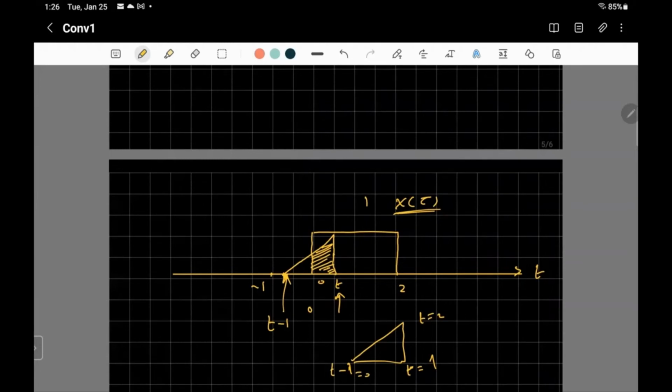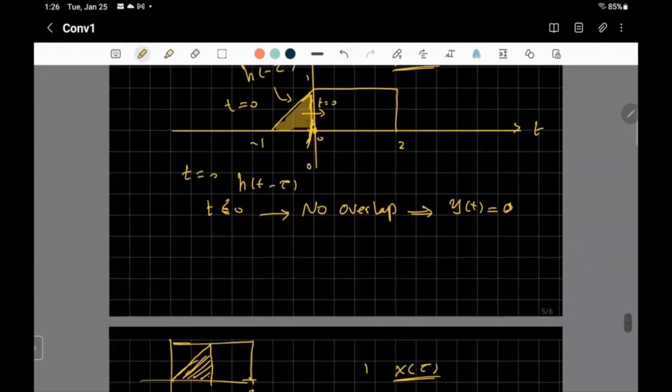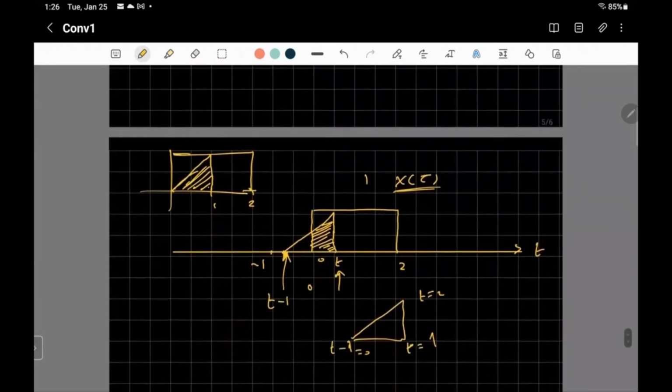But you want it on the edge. So when the tail comes at 0, it means you want it like that. Let me sketch. If this is the input, you want the signal to go. That's 1. That's 2. This is the end of the partial. I started from 0, and I'm sliding the signal step by step until it's just on the edge of being completely inside.